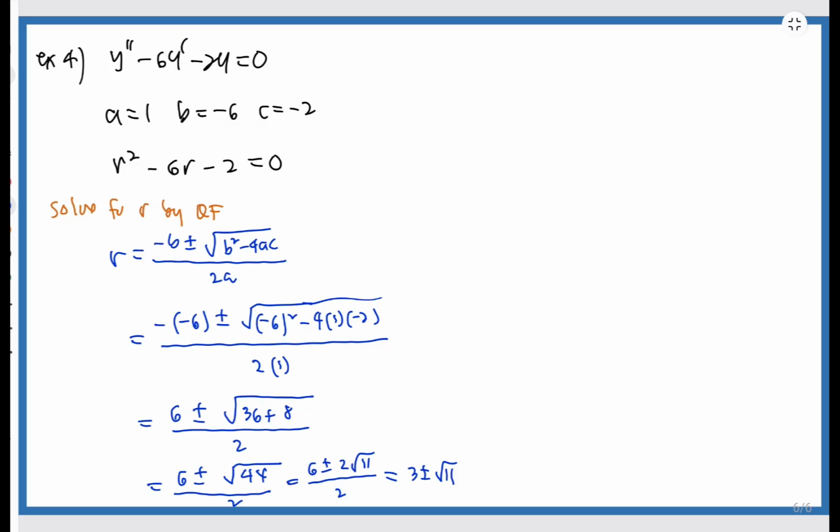So R1 is 3 plus square root of 11. R2 is 3 minus square root of 11.